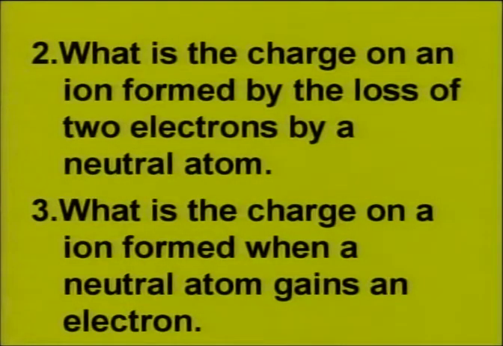If it loses two, it is a positive ion. An electron has a charge of about 1.602 times 10 to the minus 19, and if it loses, then it becomes a positive ion. So you have 1.602 times 2, and then you put a positive sign there. But the electron is always negative, it just indicates plus. You can see the positive ion.